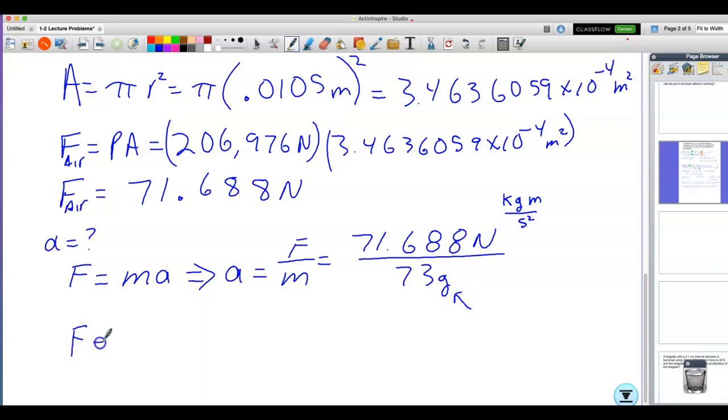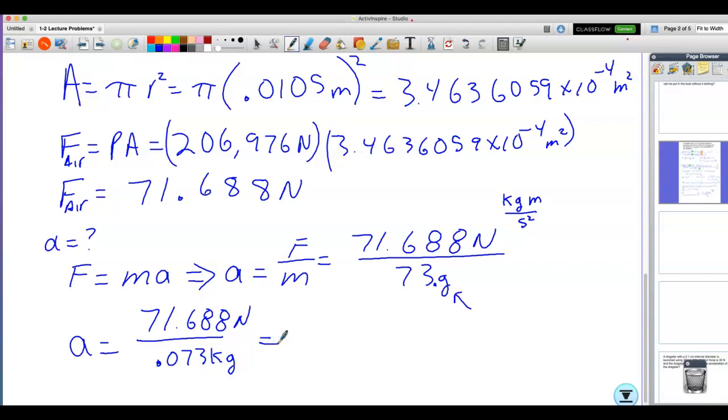So the acceleration is our force, 71.688 newtons divided by, and remember, we move the decimal 3 places, 0.073 kilograms.